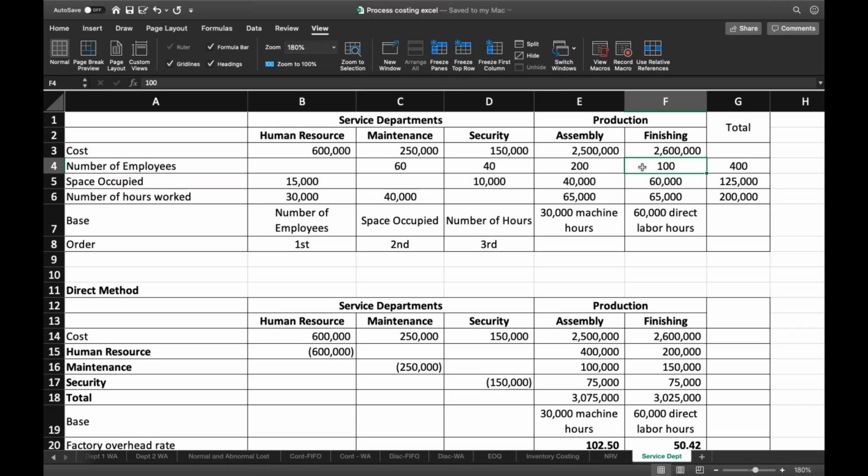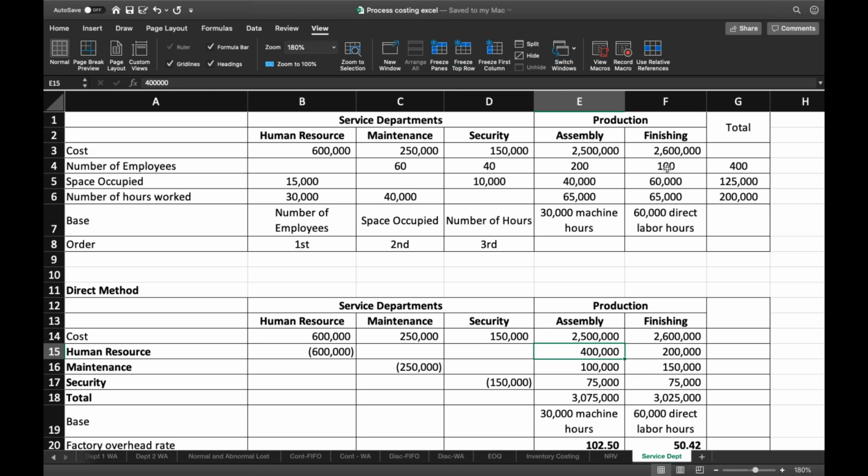This will now be the base to allocate the 600,000. That would be 600,000 times 200 over 300. That would be the allocation of the cost for assembly, and that is equivalent to 400,000.